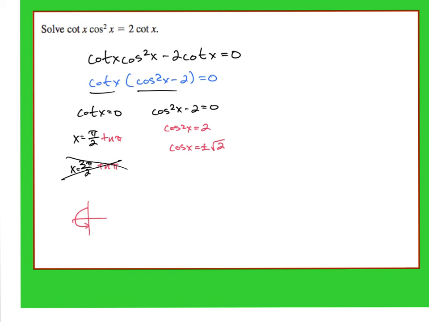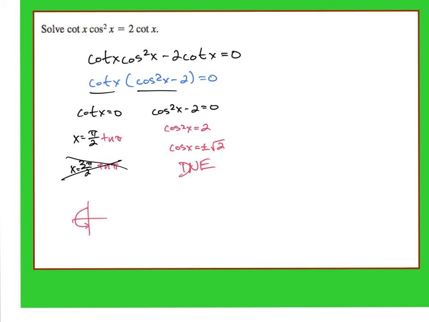And with any of the other ones, it's square root 2 over 2. But why can't cosine be square root 2? It doesn't have to necessarily be on the unit circle. But what's the range of cosine? -1 to 1. Is square root 2 bigger than 1? Yes. So that's why this thing doesn't exist.